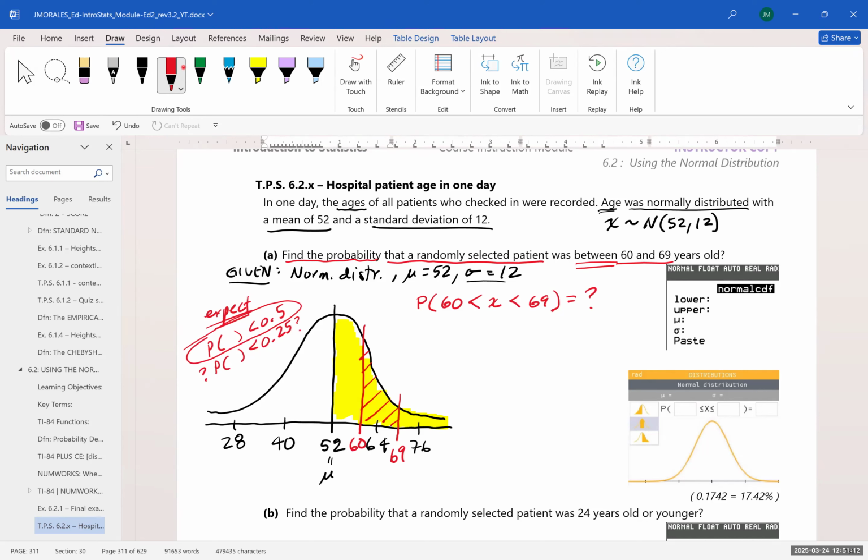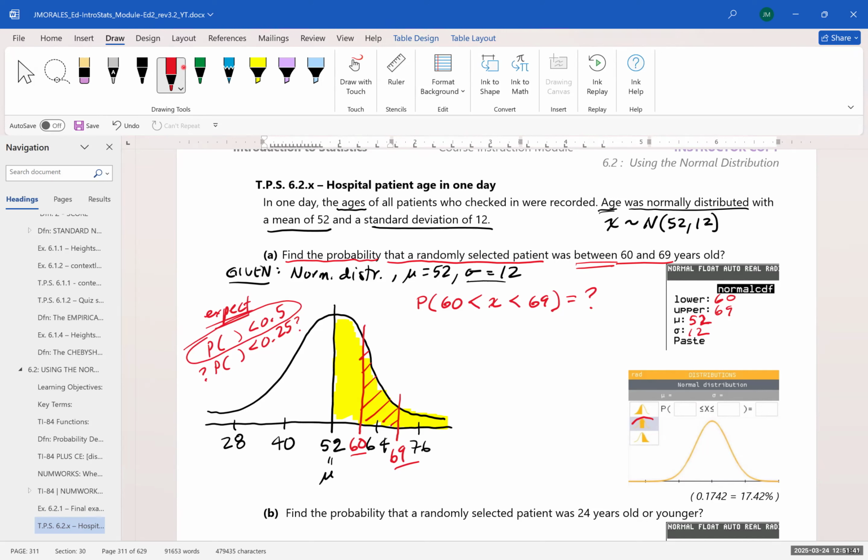All right, well, let's go ahead and punch this into our calculator and see what the area is between 60 and 69. And that'll tell us our probability. So Texas Instruments, our lower bound is going to be 60, upper bound is 69, with a mean of 52 and a standard deviation of 12.